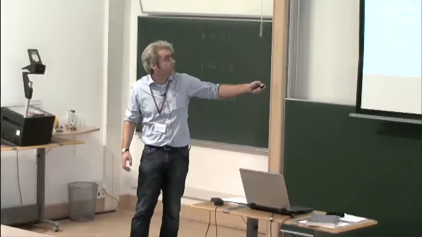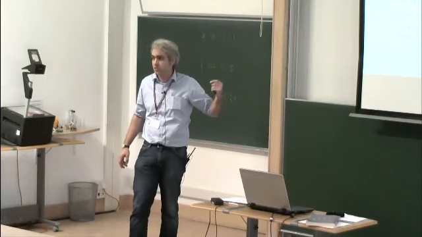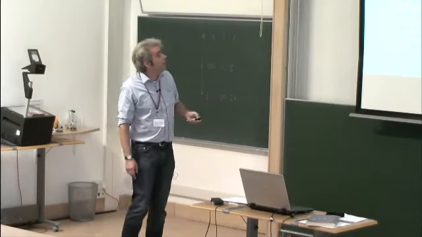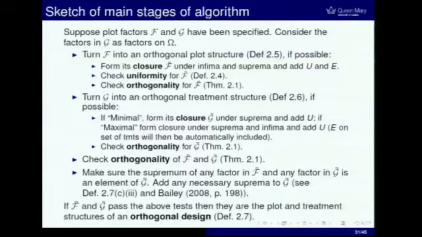And I should also mention, I include u and e for the plot structure. And then I check the orthogonality. So if all those tests are passed, then the 6 bits defining an orthogonal plot structure are satisfied. So this is then going to be an orthogonal plot structure.